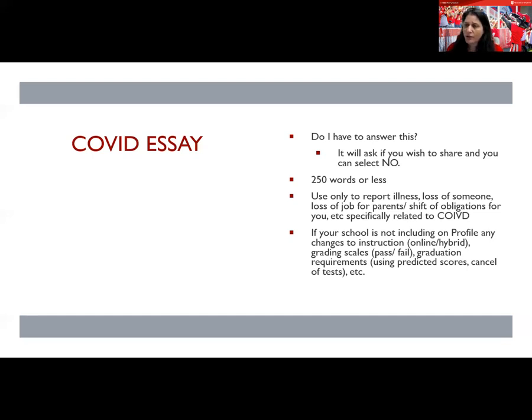The other thing you can include is if extracurriculars have been canceled in particular or other larger projects that might have been canceled and would have impacted you to include that in your extracurricular activities. So that is the space where you would be able to use that.